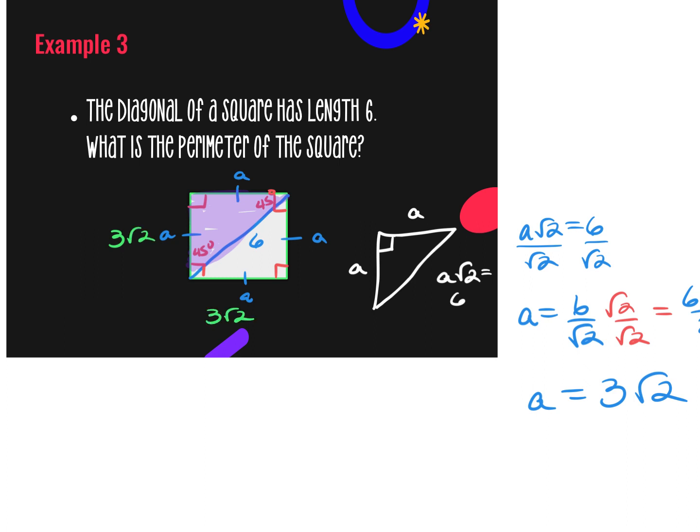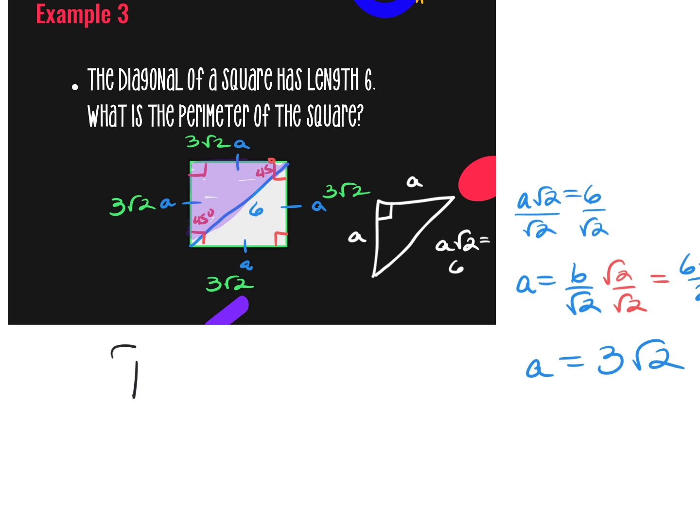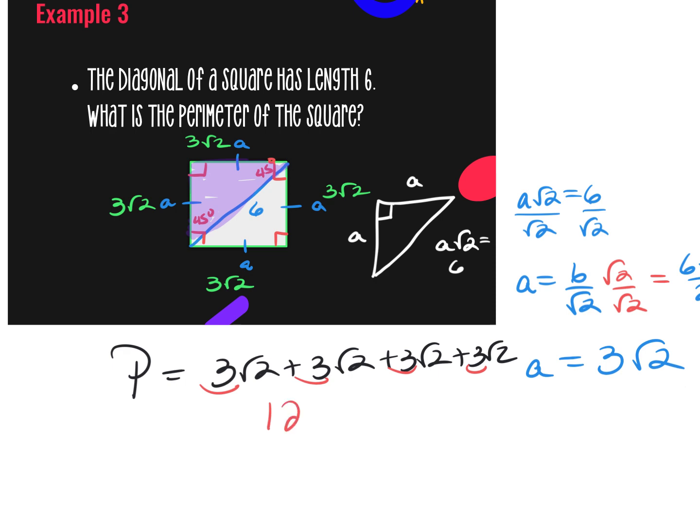So now that I have the length of the side of the square, I can now find the perimeter. So remember, for perimeter, we can either do 3 square root 2 plus 3 square root 2 plus 3 square root 2 plus 3 square root 2, and there's 4 of them. Remember, when you add radicals, we're just adding the numbers outside. So this will give me 12 square root 2.